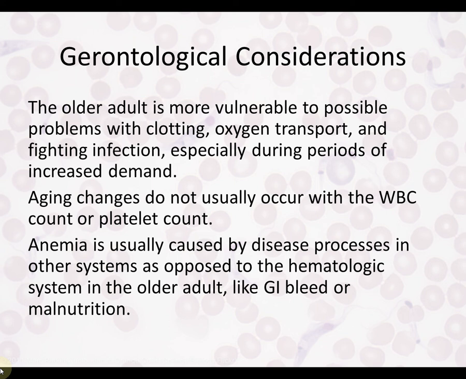Anemia is usually caused by disease processes in other systems as opposed to the hematologic system in the older adult, like they have GI bleeds or malnutrition. Think of the changes in the parameters that are solely due to aging may result in an incorrect interpretation of any laboratory test, which can then lead to incorrect management of your problem. So you need to look beyond just their age.